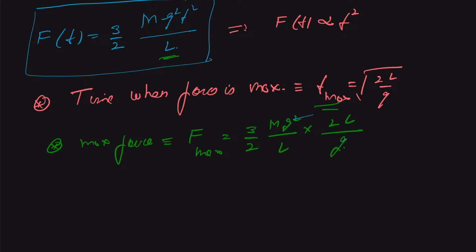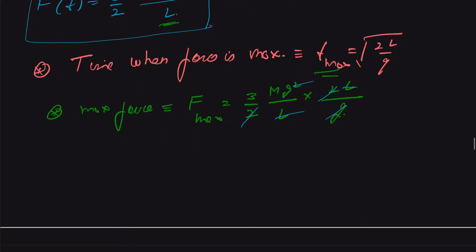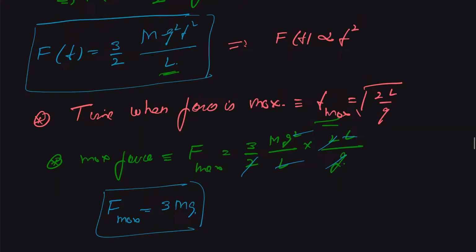Here g square goes by g, L goes by L, 2/2. Therefore we get that the maximum value of the force will be equal to 3 mg. So these were the three parameters we were supposed to find out. First is the force at any time t, then the time when the force is maximum, and the maximum value of the force.